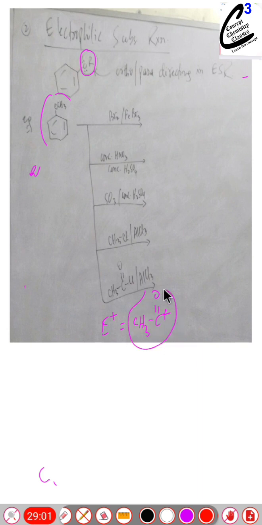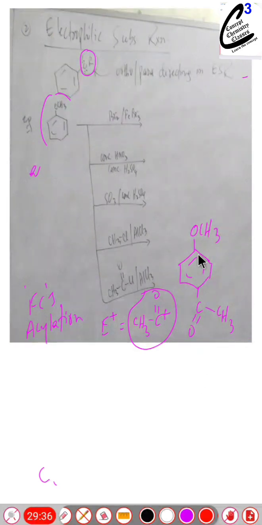This will be our electrophile that is attached to the ortho and para positions of anisole. So the acyl group will be attached to the para position. This will be our major product, and the acyl group can be attached to the ortho position also.